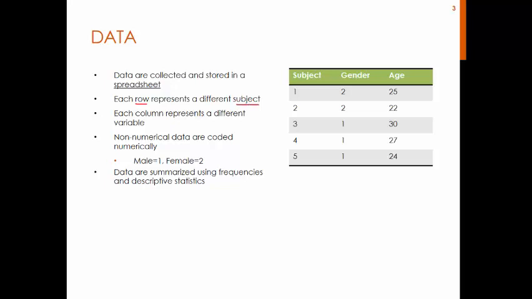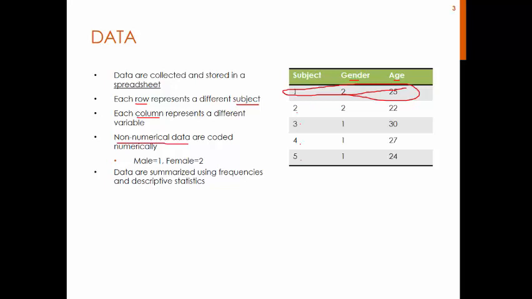So here, each row represents a subject, so my data set has 5 subjects, and each column represents a different variable. So here I have 2 variables, gender and age. For the first person, we see gender 2 and age 25.